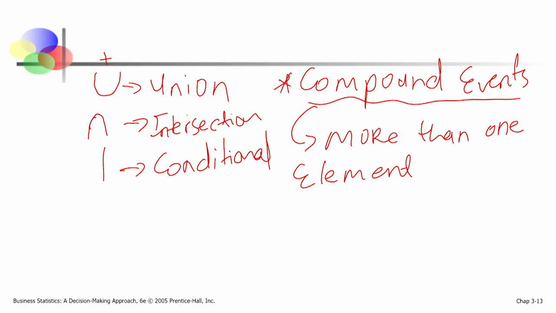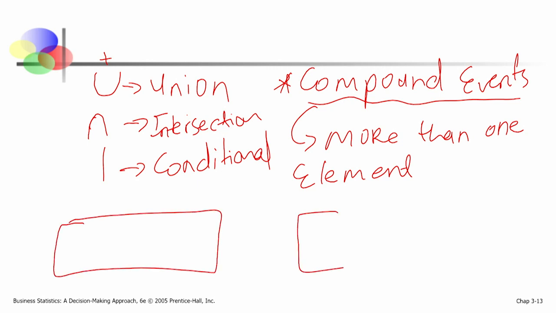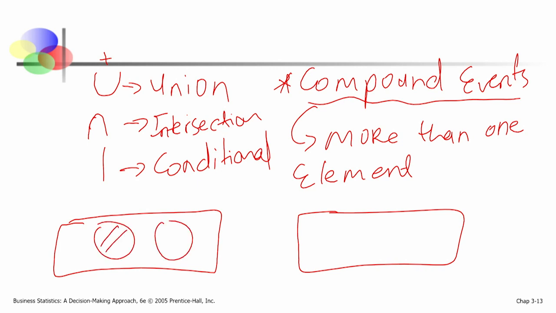But before we go into this, let me explain this diagram. Venn diagrams: A, B. This is a Venn diagram, and these two events are referred to as being mutually exclusive. They are disjoint. And then you've got independent events.